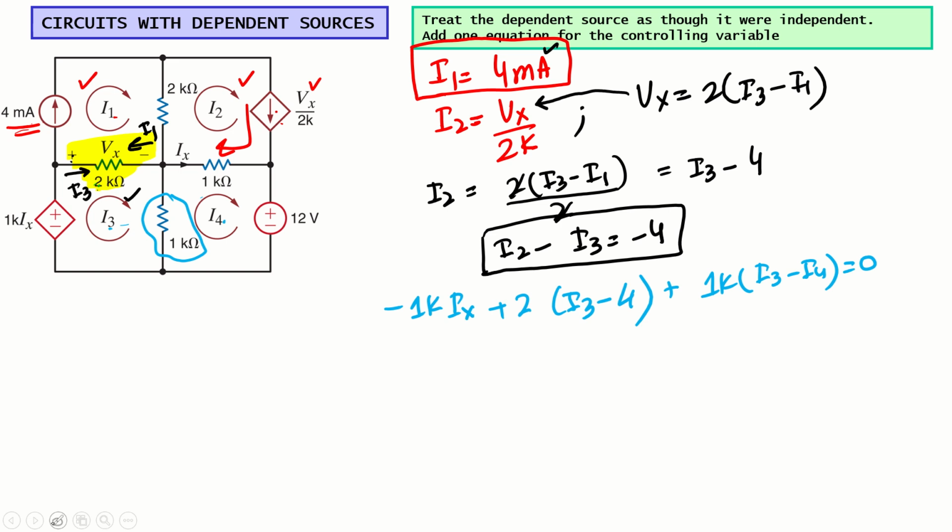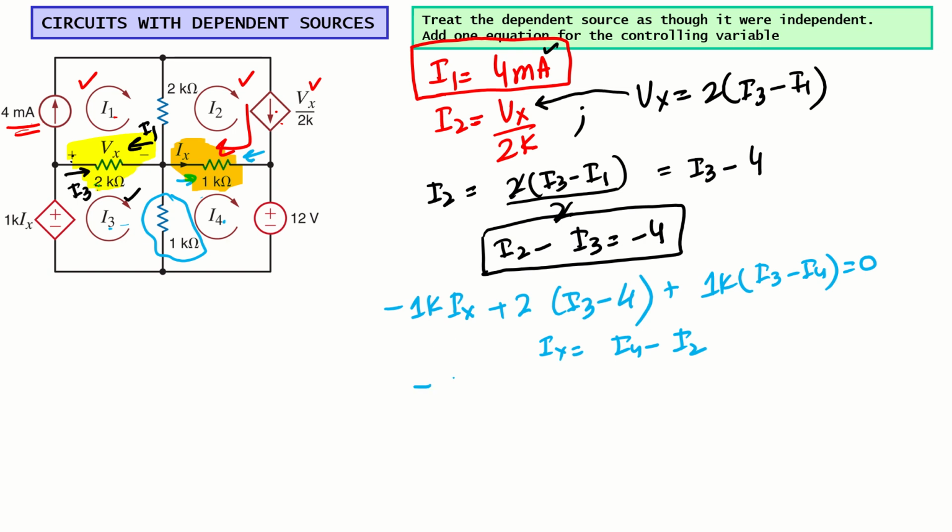Now we need to write the equation for the dependent variable, which is Ix. Ix is the current flowing through this 1 kilo ohm. Again two currents are flowing, one is I4 and one is I2. So I can write Ix as just I4 minus I2, and plug into the main equation.